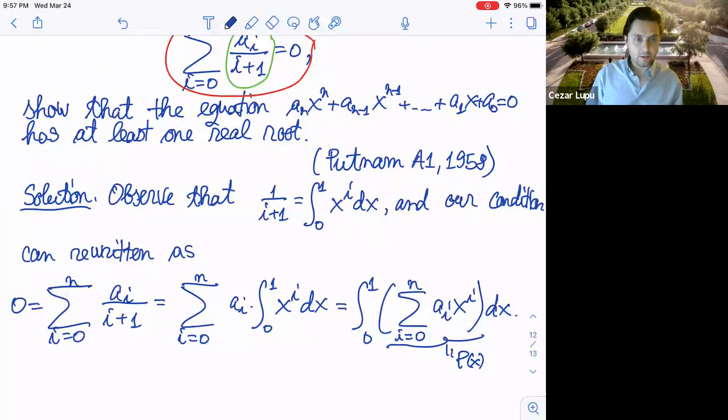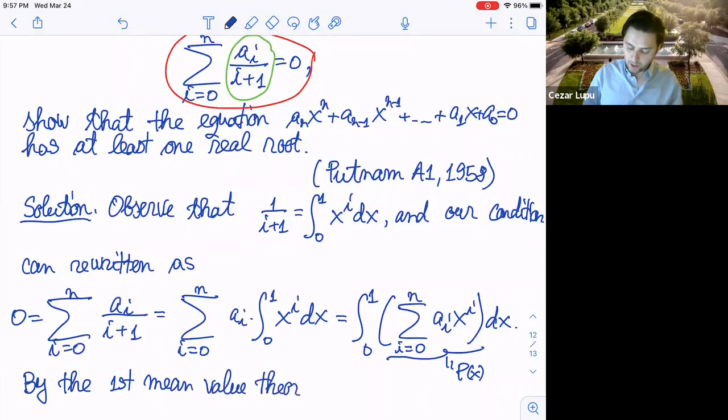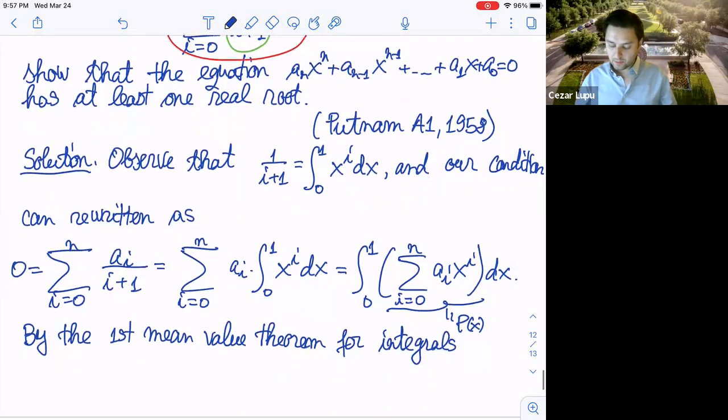So now we're in a good position to apply the first mean value theorem. From now on, I will abbreviate this as MVT, so first MVT for integrals.